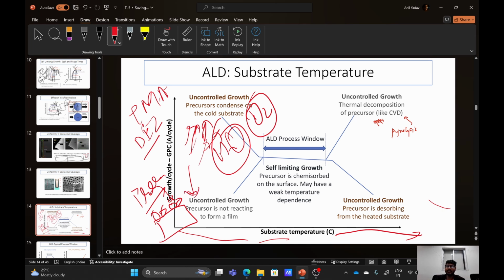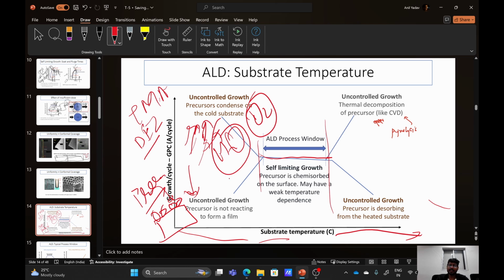So you need to increase the temperature so that it reacts. This is chemical kinetics: only after a certain temperature will there be a reaction of the precursor with the substrate. Then comes a regime where the growth per cycle will be constant.